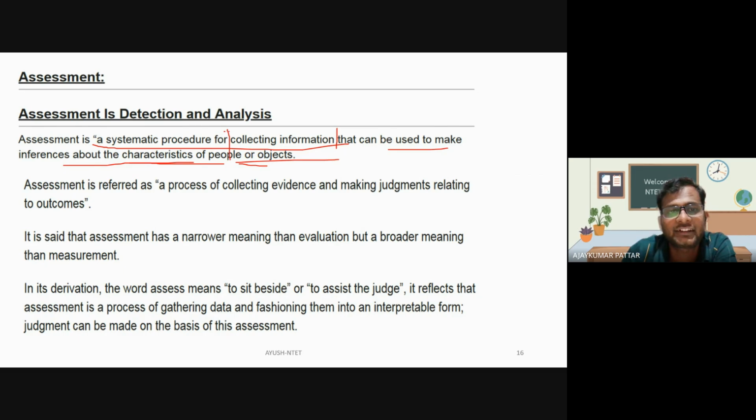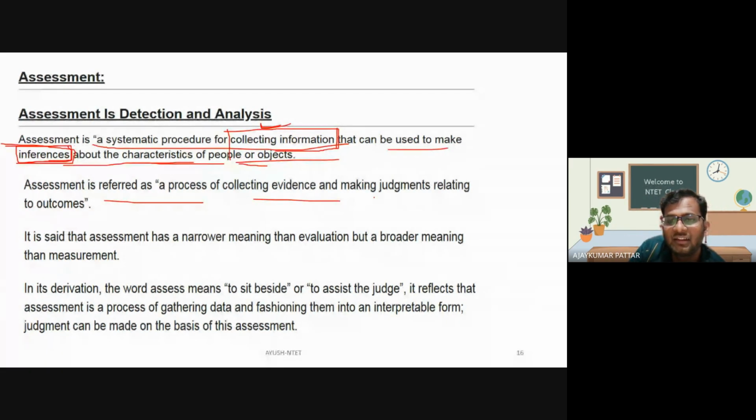We follow a procedure for collecting the information, and we will make inferences. This is important in assessment. In assessment, we gather or collect the information, then we make inferences about the characteristics of people or objects. Assessment is referred to as a process of collecting evidence and making judgments relating to the outcomes.